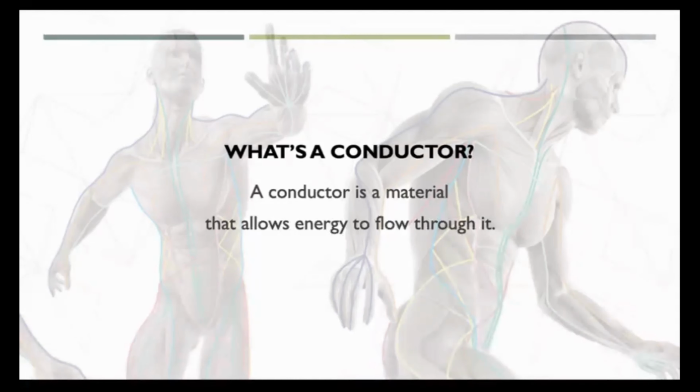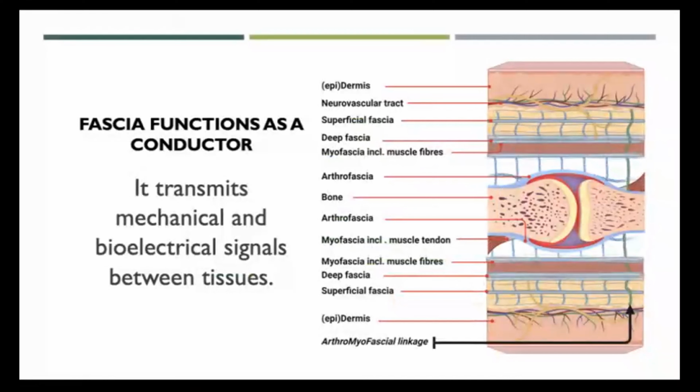So when we're looking at how energy is generated and then how energy is transmitted through, we have to look at these two units, the muscle and the fascia. And then the muscle will act as the battery, which is a rechargeable battery.